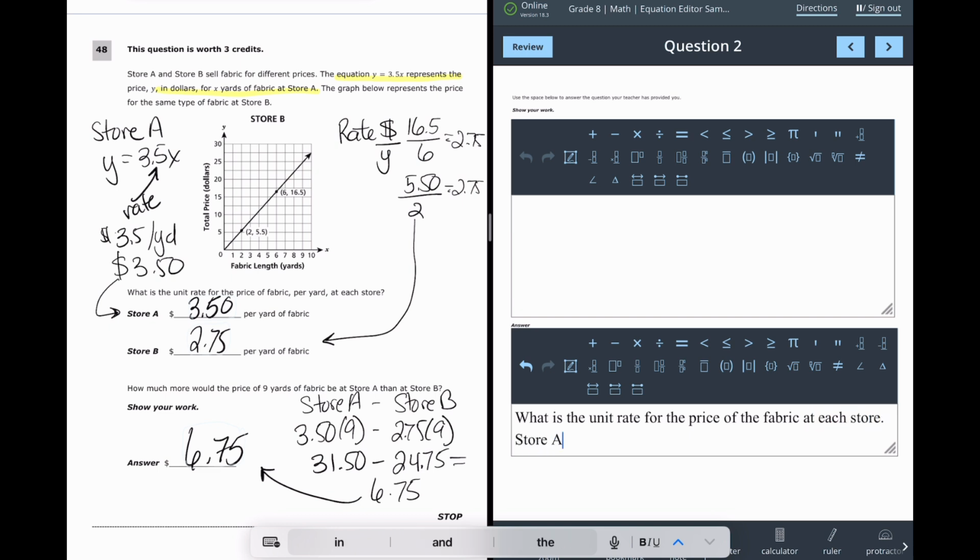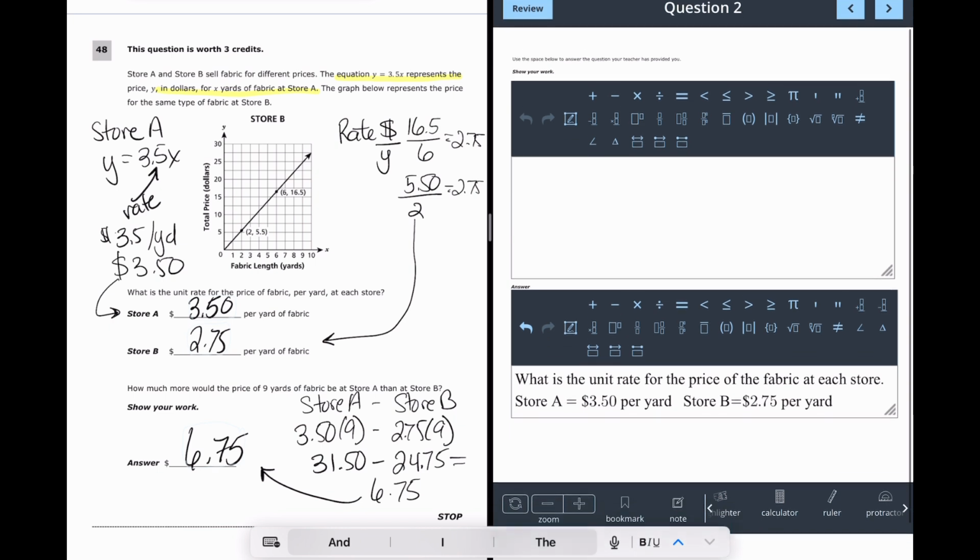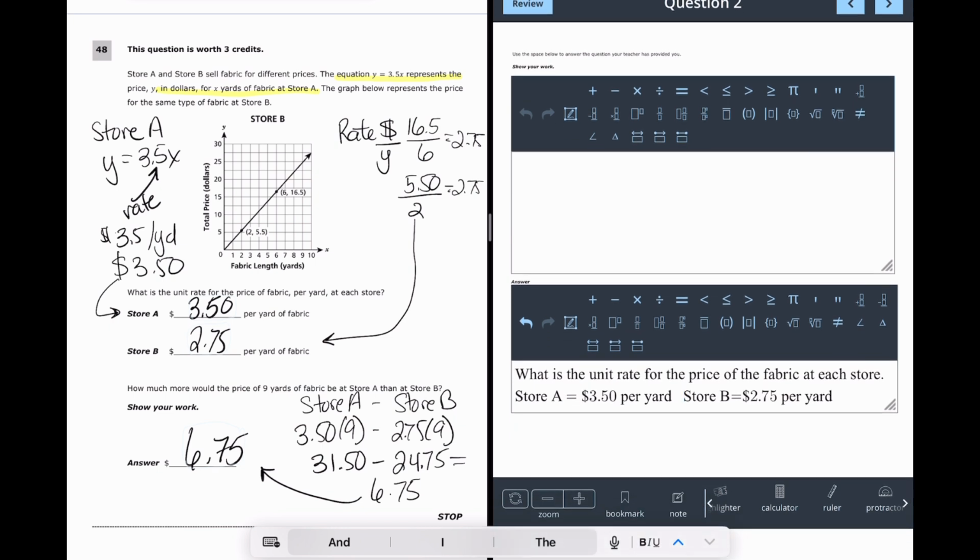Store A is equal to $3.50 per yard. Store B is equal to $2.75 per yard. I'm doing this because you're probably going to have different boxes for that, and here I just have one because I just have a sample up there.